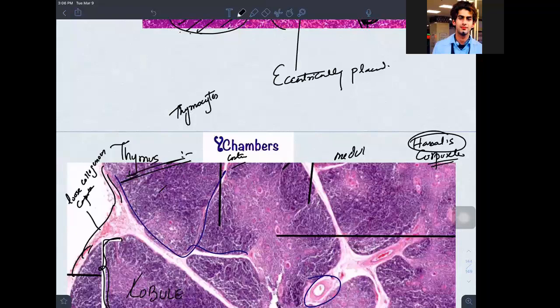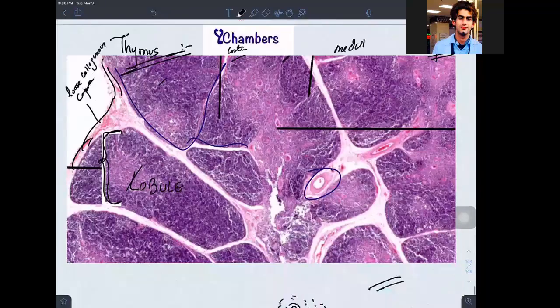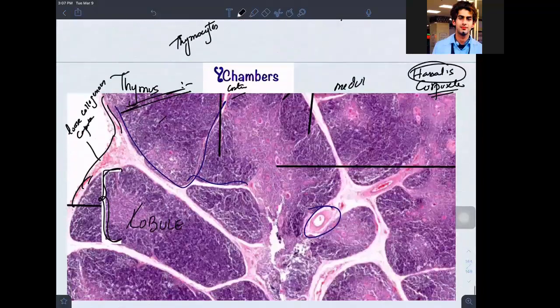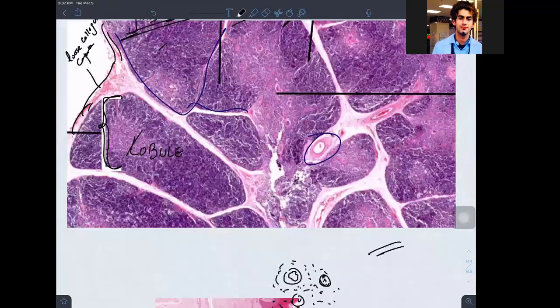You saw the two sides, the cortex and the medulla, and you saw which is more dark, more eosinophilic, medulla or cortex? That's medulla. Medulla is eosinophilic, cortex is basophilic. Cortex is the outer side, inner is medulla. Outer cortex basophilic, inner medulla eosinophilic.